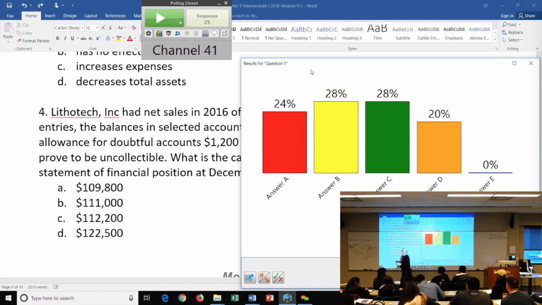What you want is to debit the bad debt expense and credit the allowance. This is an income statement approach. When it's an income statement approach, you do not look at the allowance. Bad debt expense, allowance for doubtful accounts, 14. That's the adjusting entry.